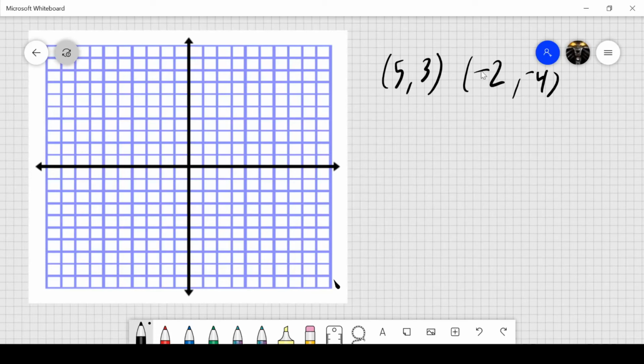Okay, so we've got (5, 3), (2, or -2, -4). Again, it's kind of personal preference. Just make sure that they line up, that this x is over this y, or rather under that y. So that x needs to be under that y, like this. It helps segment the fraction as you go.